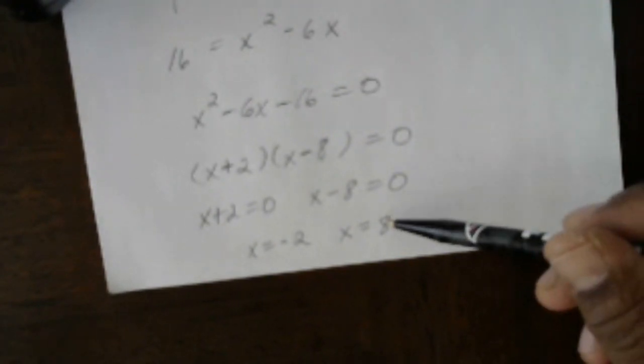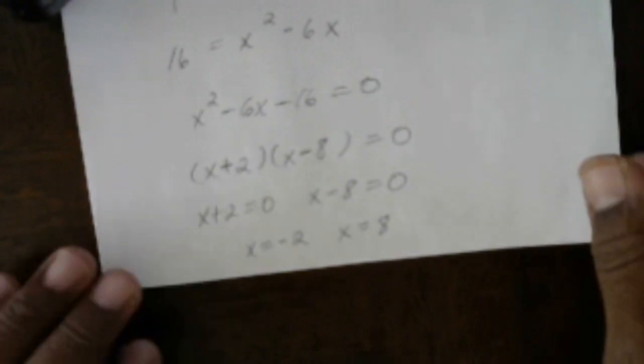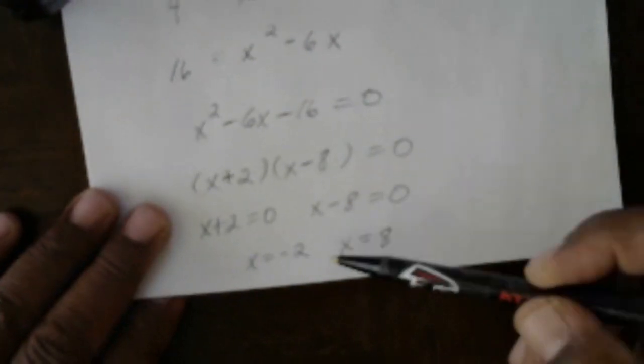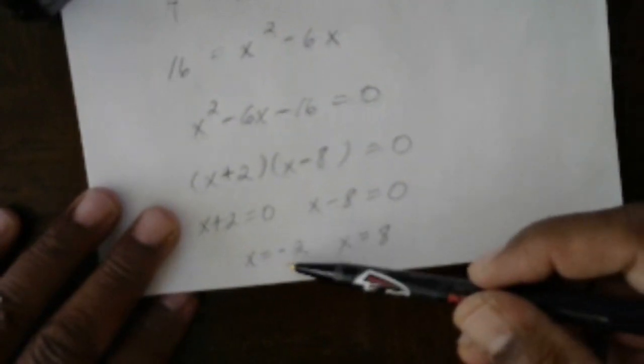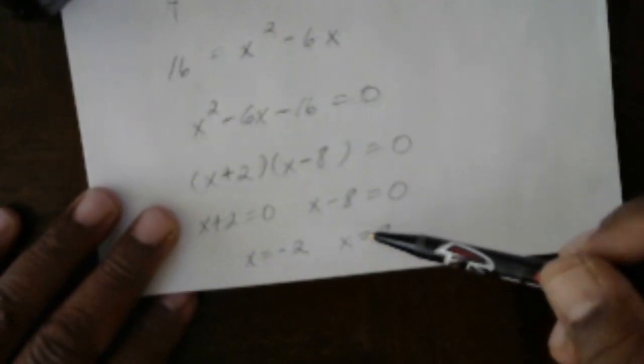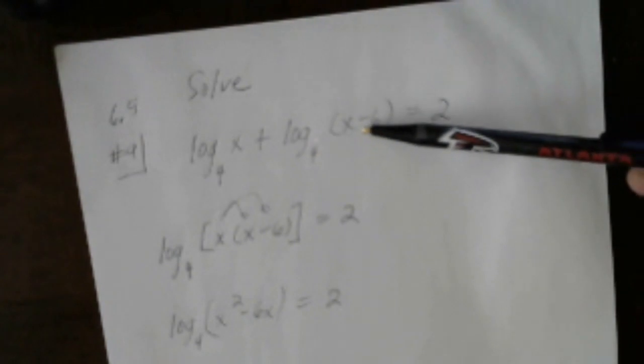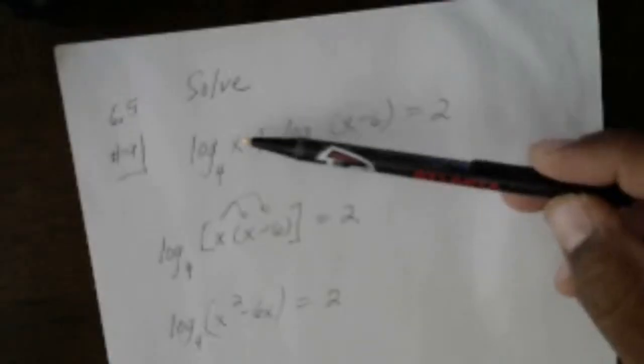Now we must check our solutions with our original problem, because notice that with natural logs, we can't have zeros or negatives. Excuse me, we can't have negatives as arguments.